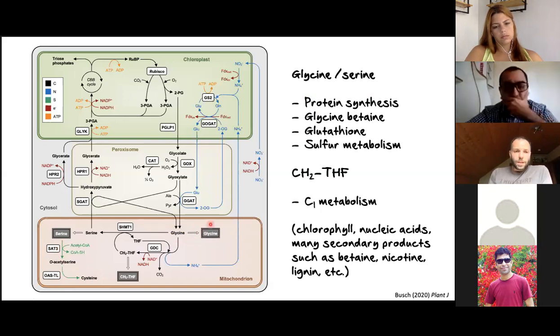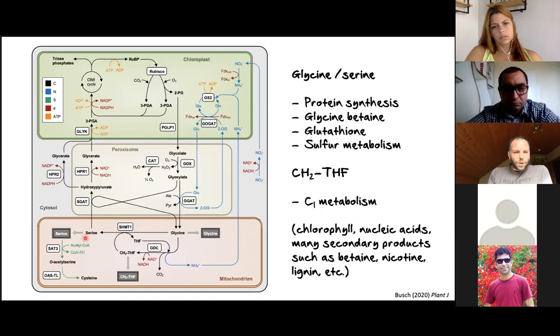That also means that nitrogen is not being fed back into this cycle here, but has to be replenished from new nitrogen. So this is where the plant, or at least one of the ways where the plant, can actually assimilate nitrogen de novo. So that's where that pathway comes in.